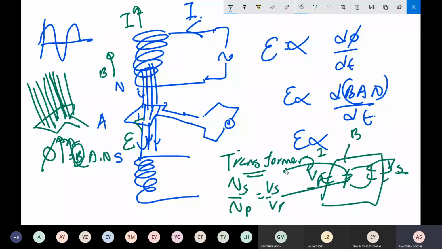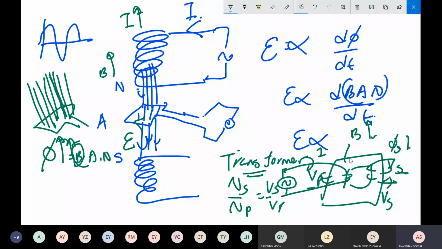The primary coil is connected to an AC supply, so the current changes, and the magnetic field strength in the core changes. Therefore the flux is changing in the secondary coil, because the secondary coil is linked to the changing magnetic field. Therefore, a new EMF will be induced in the secondary coil. We label it as Vs.